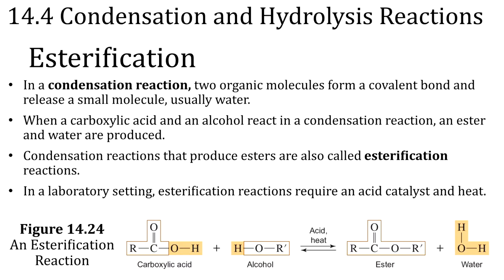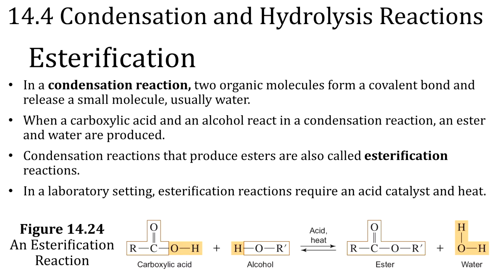So when a carboxylic acid comes in contact with an alcohol, both dry systems, a dry carboxylic acid and a dry alcohol, potentially in a hydrocarbon solvent, if this is done with heat, and very often acid acts as a catalyst, you'll see water is split out.